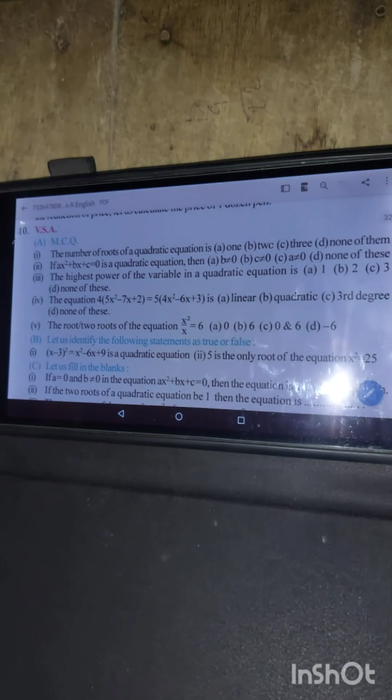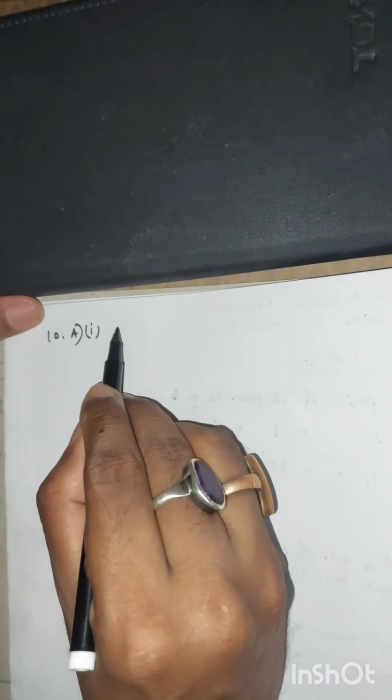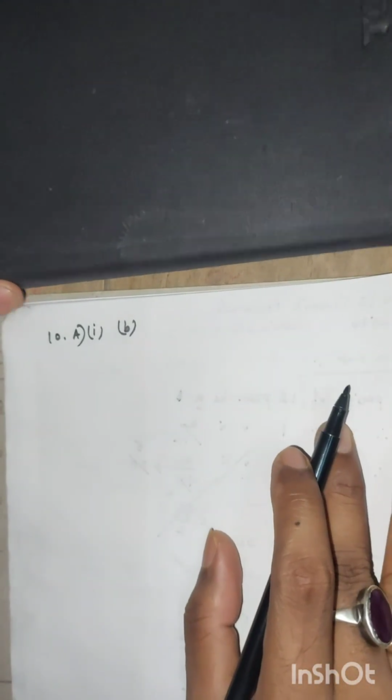So question number 10 A Roman 1, option B should be our answer.